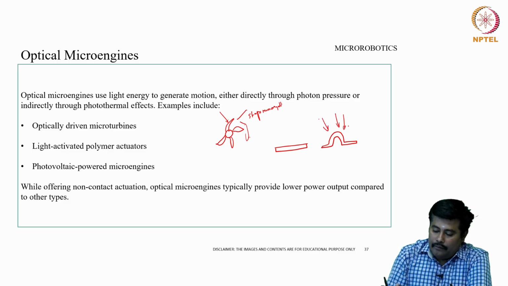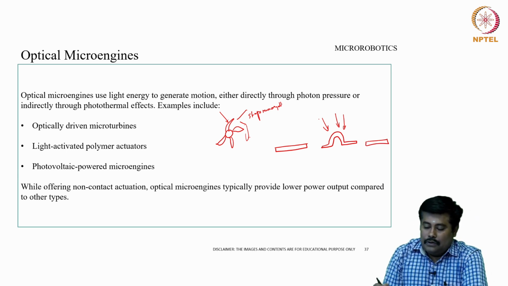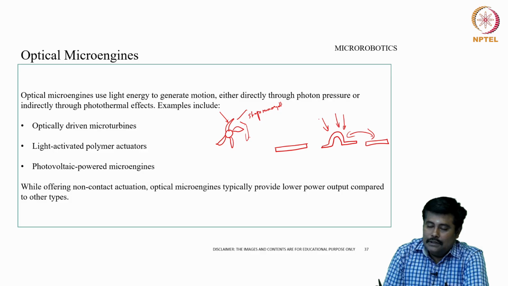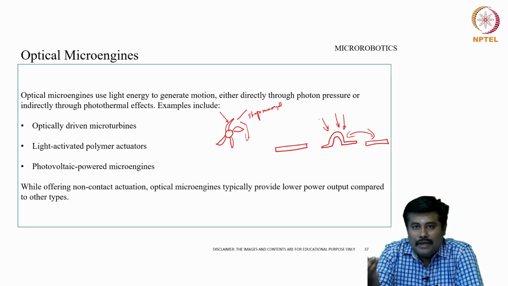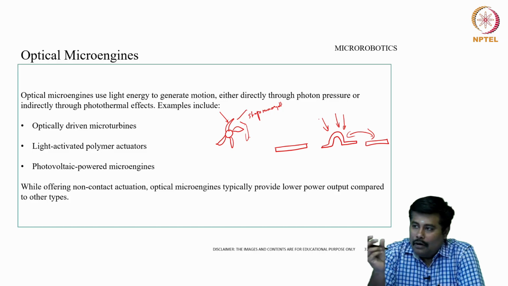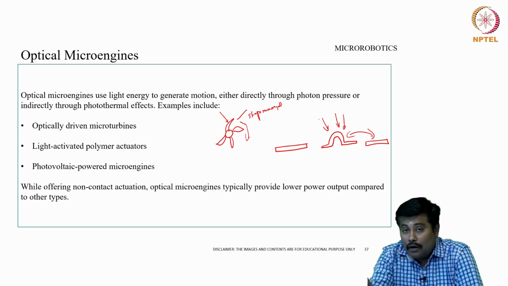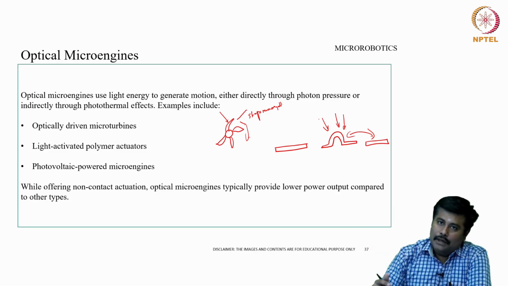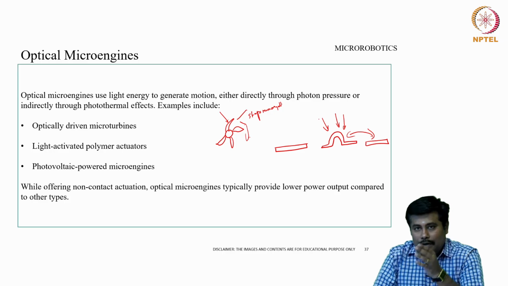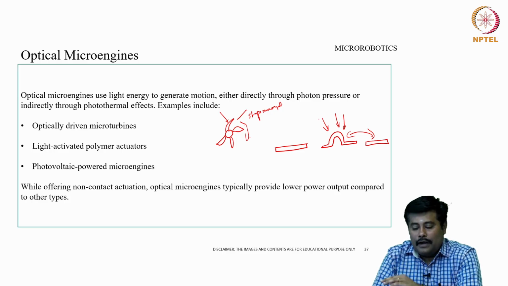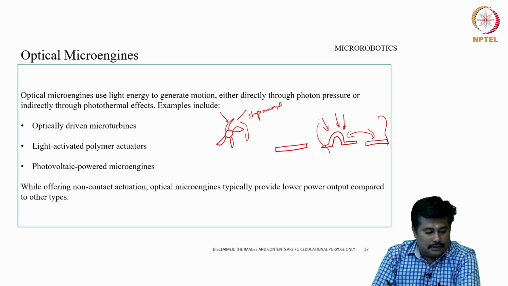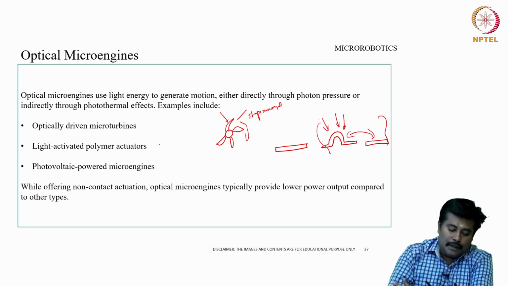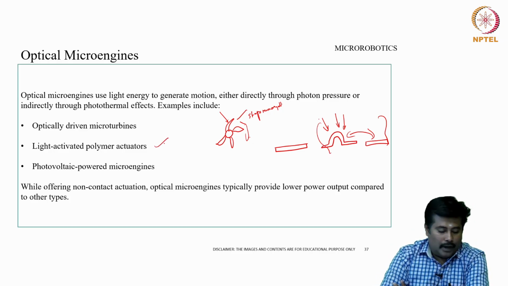When the light falls on it, it becomes straight. So ideally we are switching from one shape to another based on our requirement or the propulsion needed for a specific application. Here the actuation is the light, so the on and off of the light has direct control over the movement of these structures. These are called light activated polymer actuators.